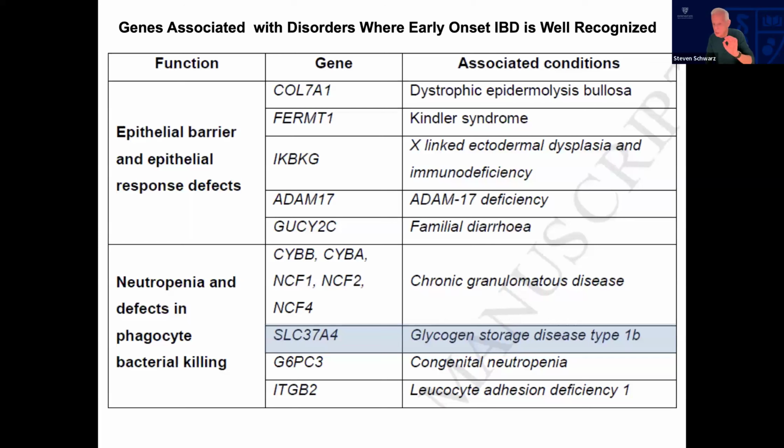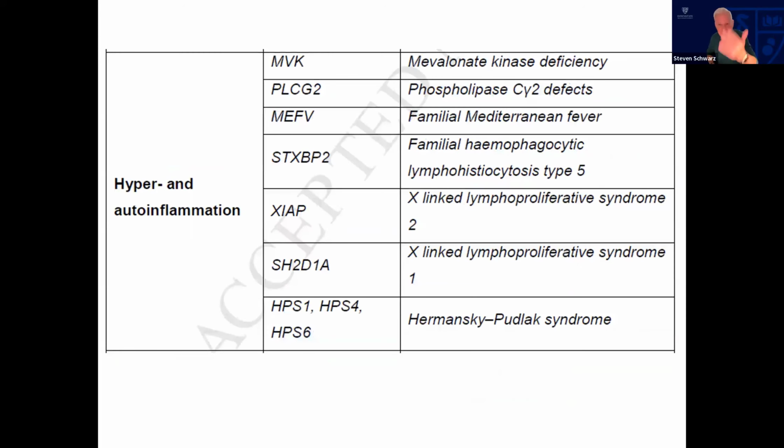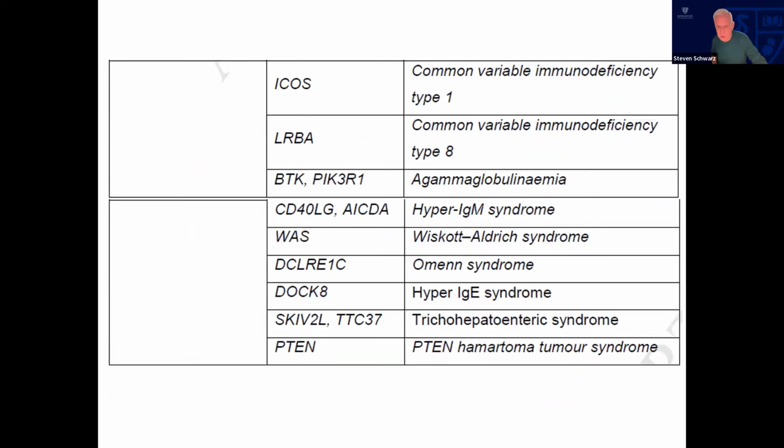And you have to know that the treatment of this disease is significantly different from the treatment of Crohn's disease in non-GSD type 1b. And I'm going to allow you to look that up for yourself because you're going to have to know that for the boards. And here's another whole host of diseases associated with IBD. And the list goes on.